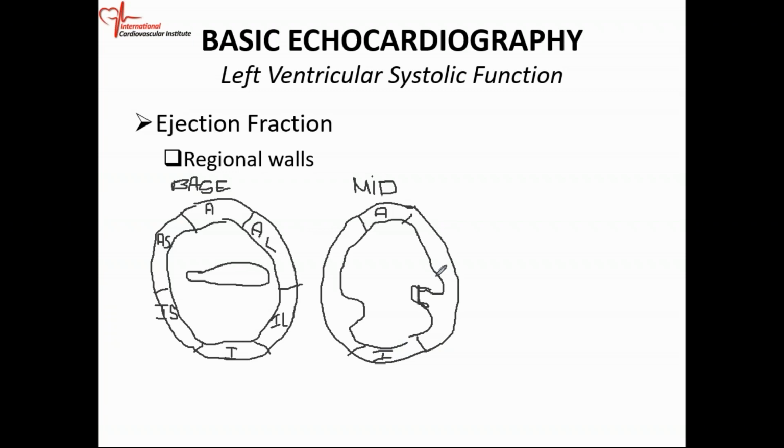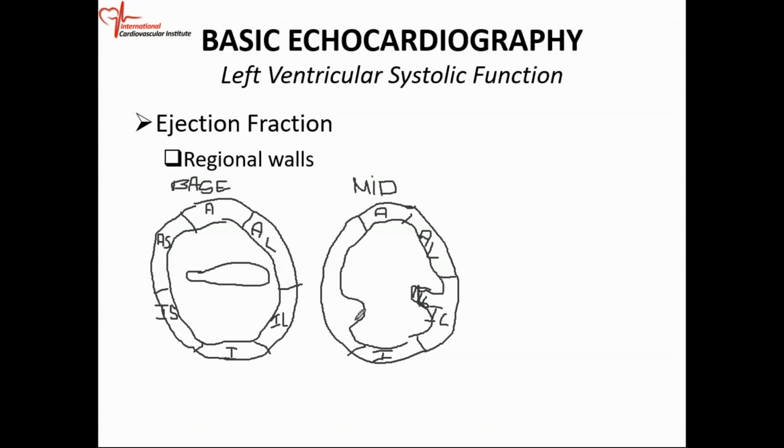Your lateral wall, you're going to divide it into 2 segments. This is your anterior lateral, just like we did at the base. And this is your inferior lateral. Remember, this is your papillary muscle, your anterior lateral papillary muscle. Okay.